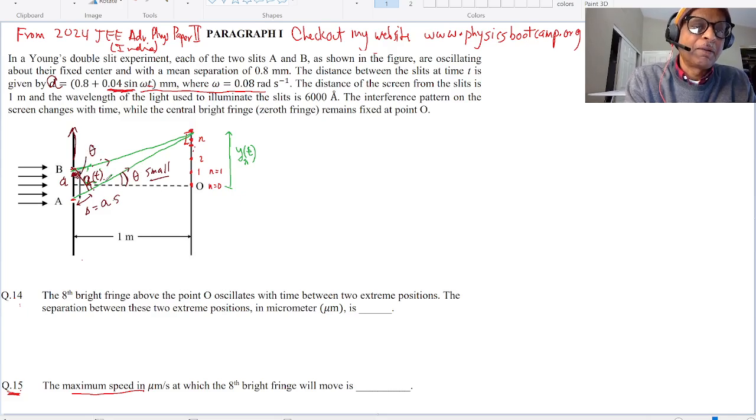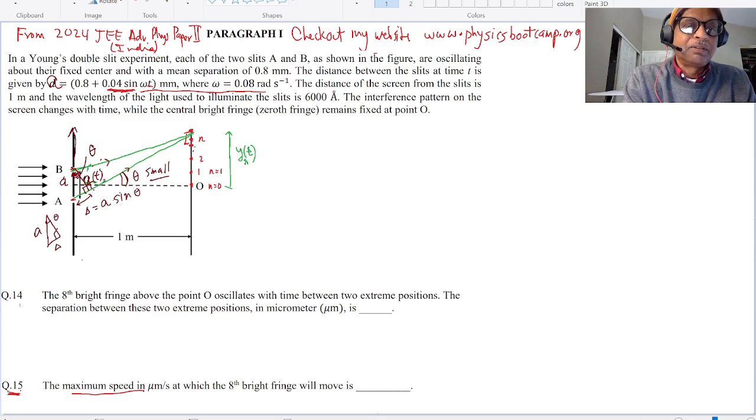So this will be A sine theta. This is 90 degrees, so it's a triangle there, this is A, this is theta, and this is the delta.